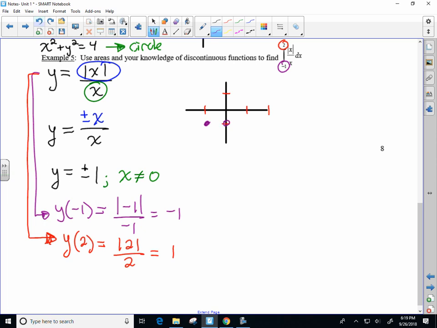Open circle here because it doesn't actually exist at that location. And then open circle because again it doesn't exist at that location, going out to here. Alright. So then it's a question of, well, what would the encapsulated areas be? I'm looking at this region and this region.